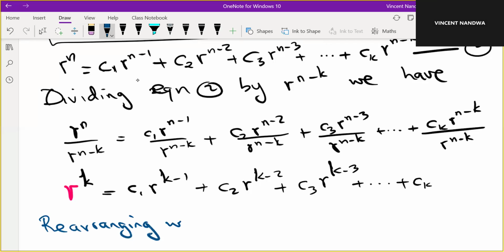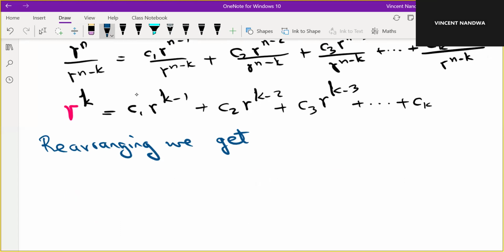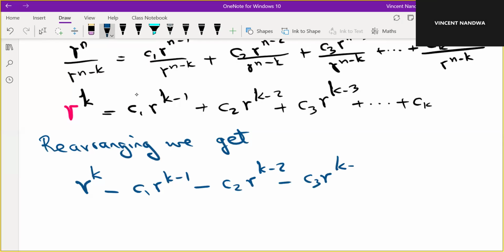So then we can rearrange this. We get r power k minus C1 r power k minus 1 minus C2 r power k minus 2 minus C3 r power k minus 3 minus Ck equals 0.